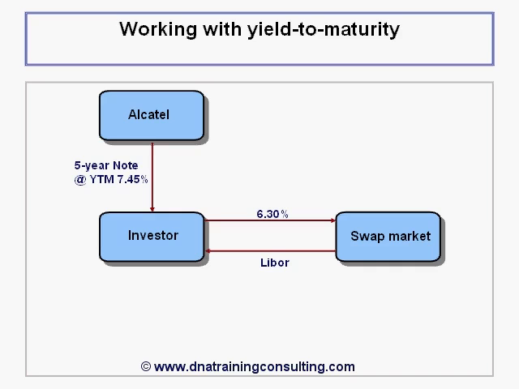We now see a yield to maturity of 7.45% semi-annually arriving under the bond, and our old payment of 6.30% under the swap. When these are netted off as before, they lead us to an all-in return over the life of the package of LIBOR plus 115 basis points, as we had anticipated.